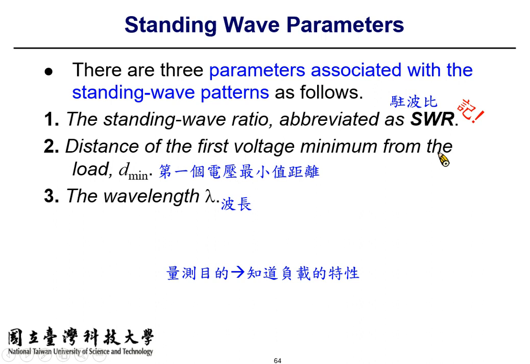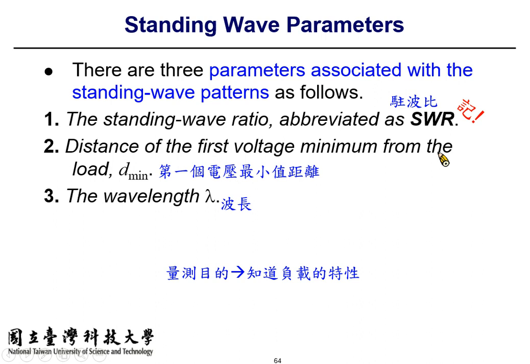So what is the implication? The implication is that we can determine the angle of the reflection coefficient gamma.